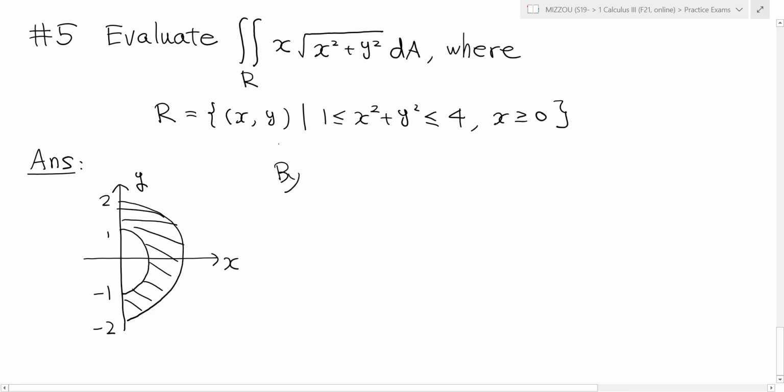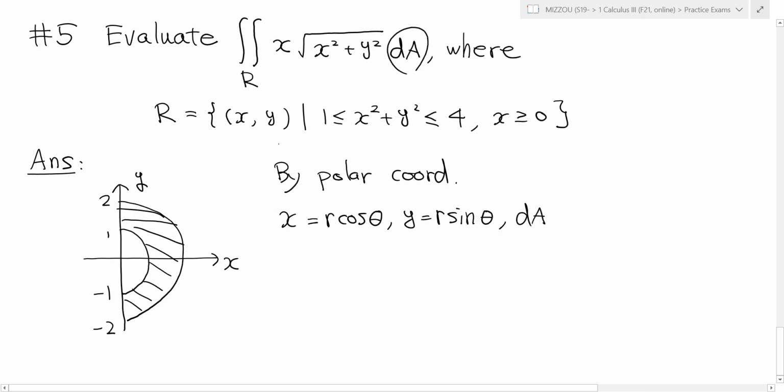So by the polar coordinates, we do x is equal to r cosine theta, y is equal to r sine theta, and then dA is r dr d theta.